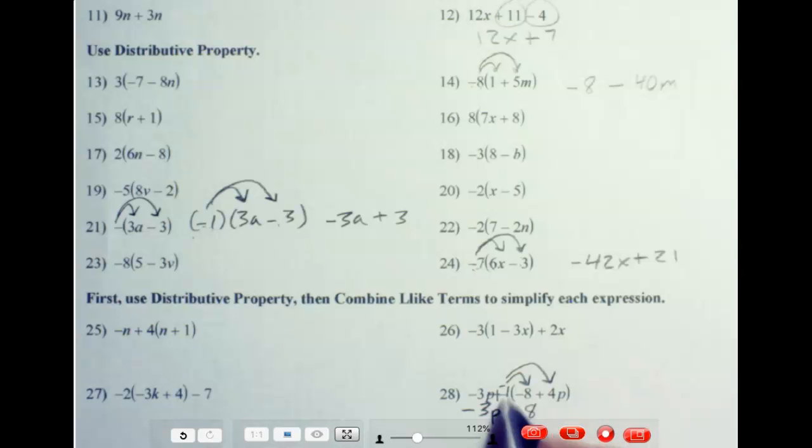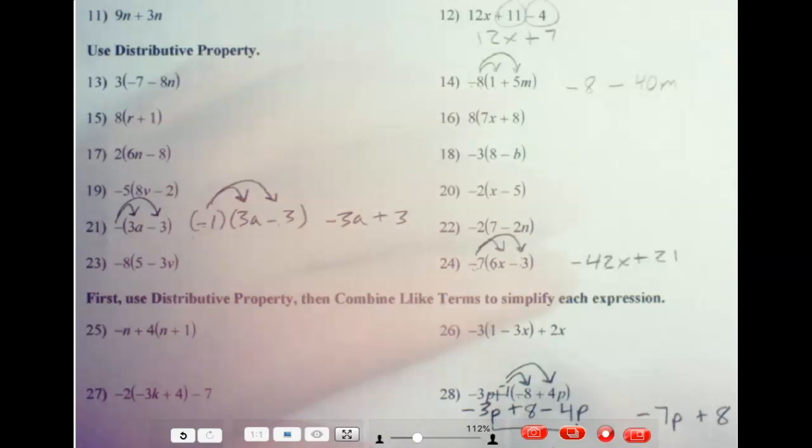It's a negative times a negative, which makes it positive 8. We've got 1 times 4 is 4. There's a p attached. It's a negative times a positive, so it's a negative 4p. I can combine these together and have a negative 7p plus 8.